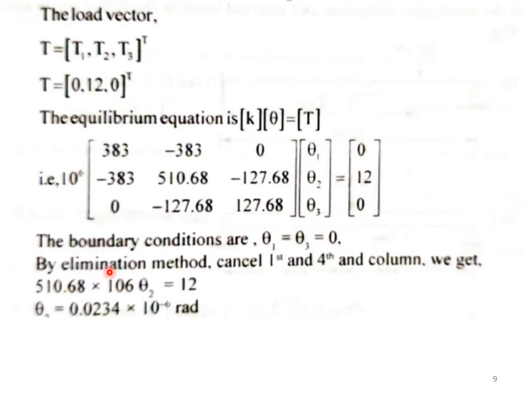Just make one change, it is 10 to the power of 6, not 106. Just make a note of the change here. Upon solving this, we will be getting the value of theta 2 as 0.0234 into 10 to the power of minus 6 radians. So this is your angle of twist at node number 2.